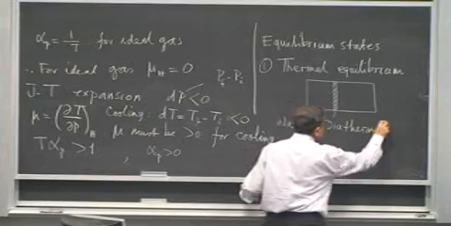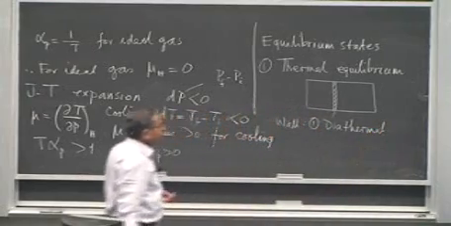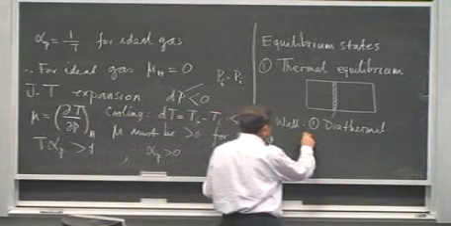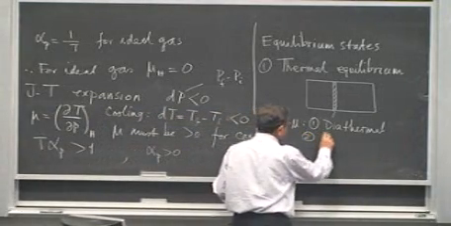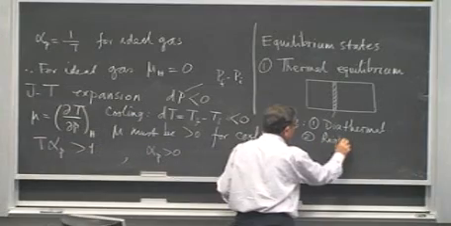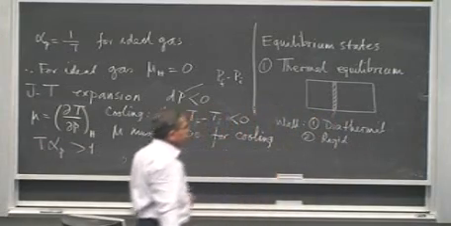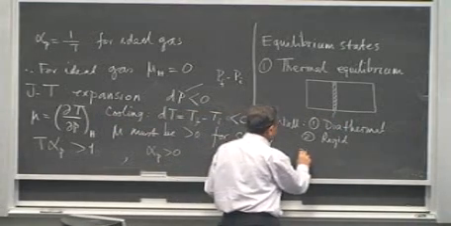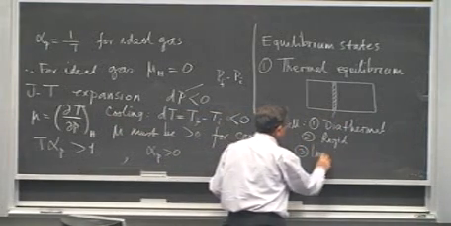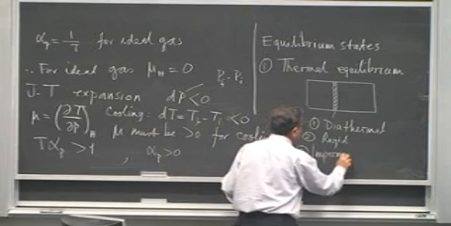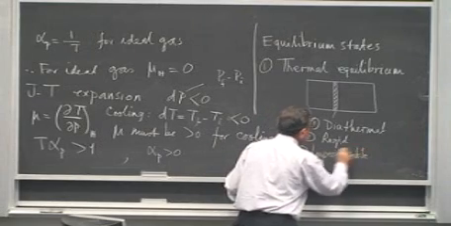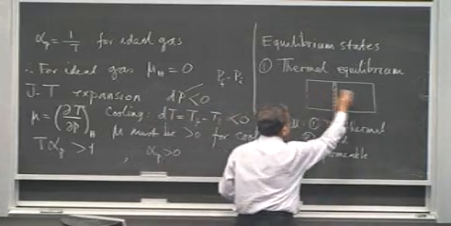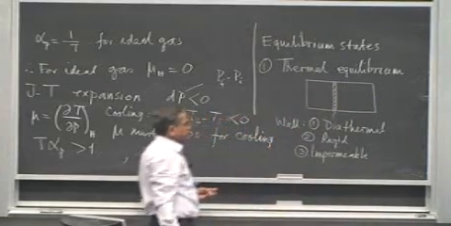Diathermal means that which allows heat to pass through, and number two, rigid, that it can't move, no change in volume of the two components, and number three, impermeable for particles, and therefore particles cannot be exchanged between the two portions.